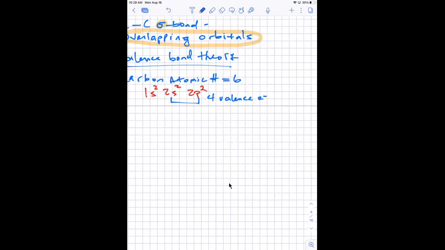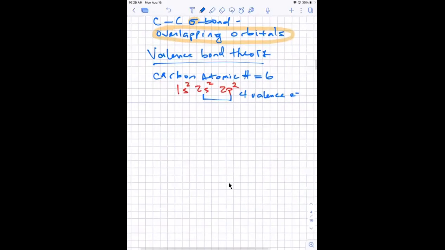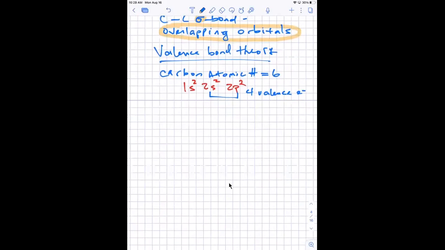All right. So you have 4 valence electrons, 6 total. When we talk about valence bond theory, what it says is that when 2 atoms come close enough together that their valence shells can overlap, that's how they make bonds.